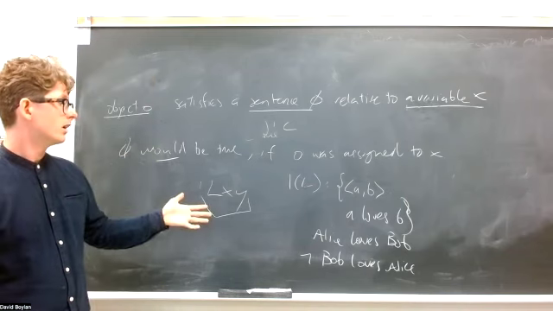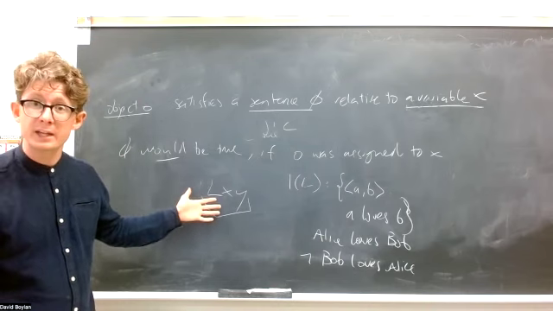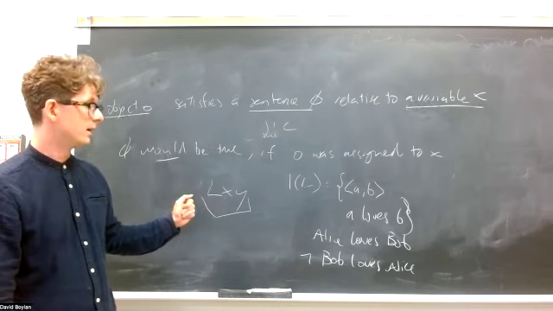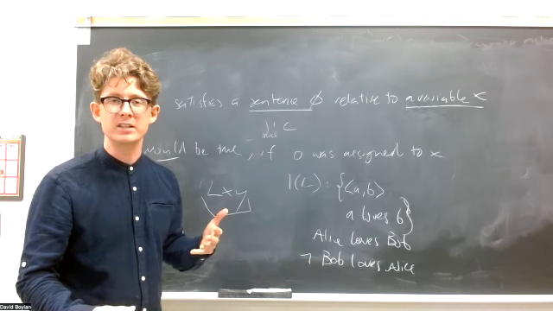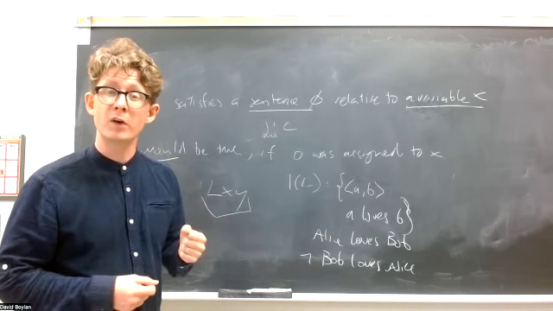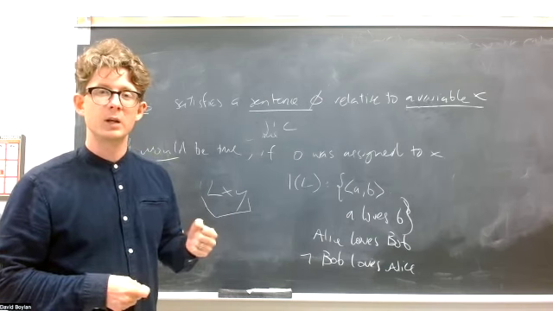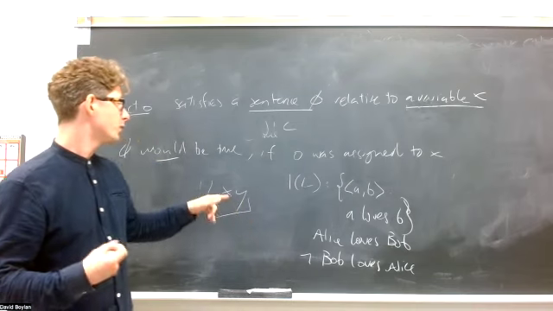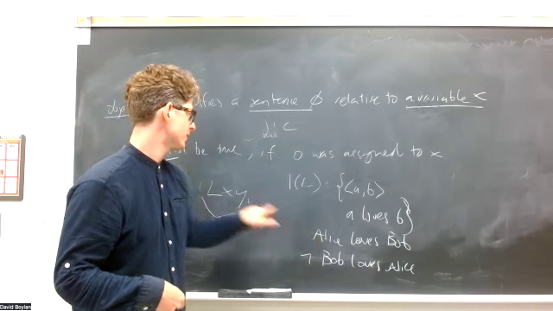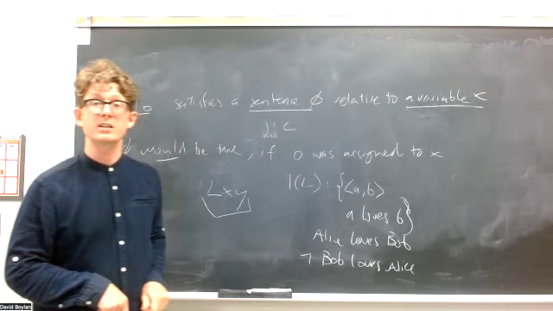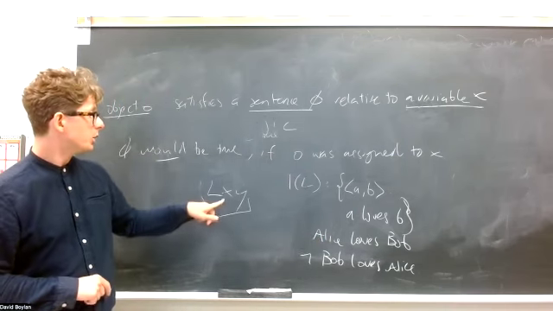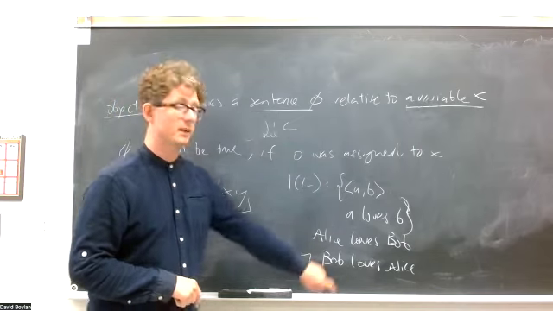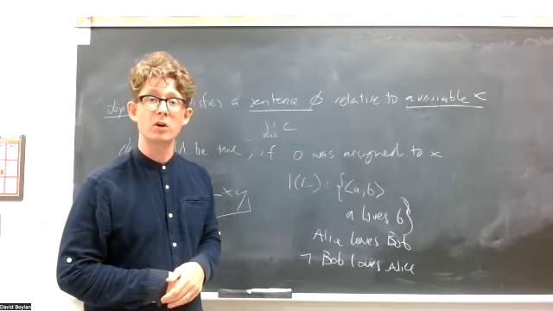Now, we could ask, do Alice and Bob satisfy this sentence? If we just ask that without specifying the variables, it's hard to answer the question. On the one hand, if x picks out Alice and y picks out Bob, then the sentence would be true. On the other hand, if x picks out Bob and y picks out Alice, then the sentence would be false.